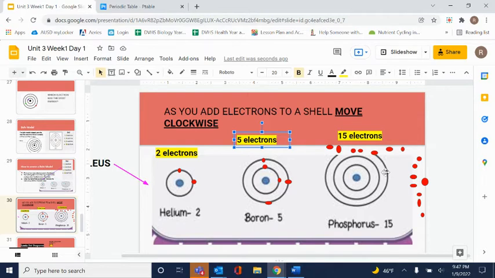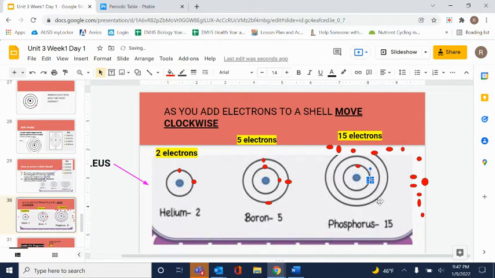So going over here, since we know that information, we're going to start in the innermost ring, and it can only carry 2. So out of 15 electrons, we can only put 2 in this inner one. 1, and then I'm going to move clockwise and put a second one, 2.